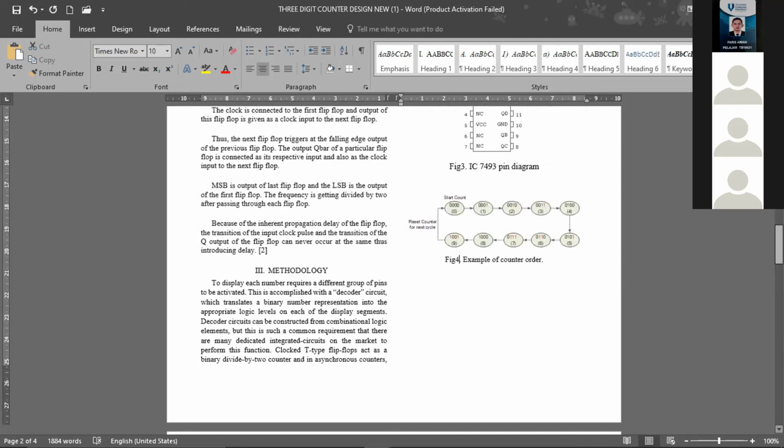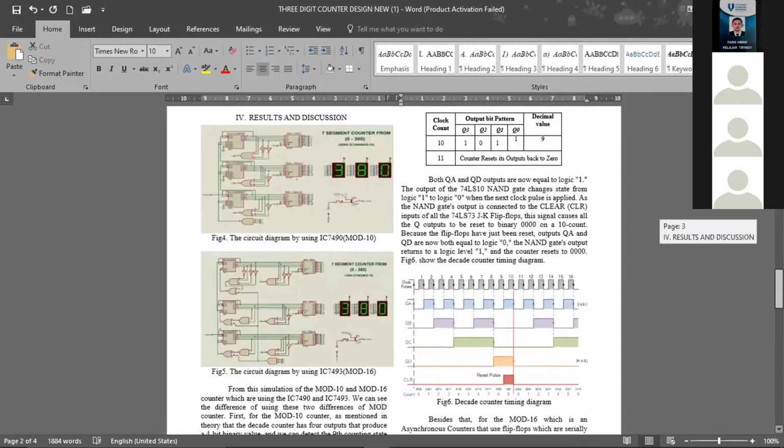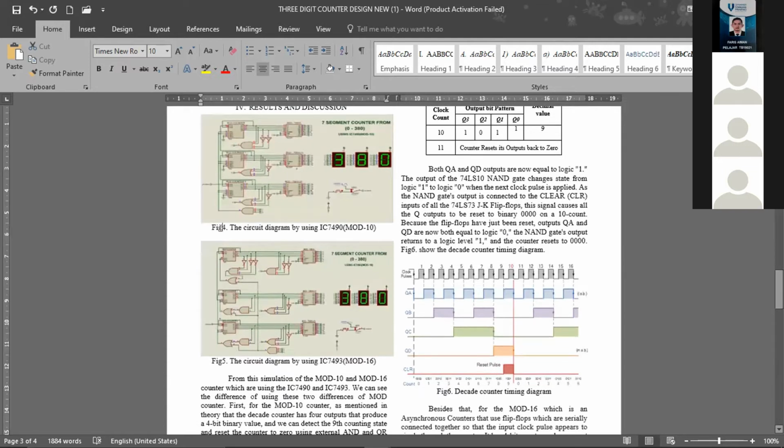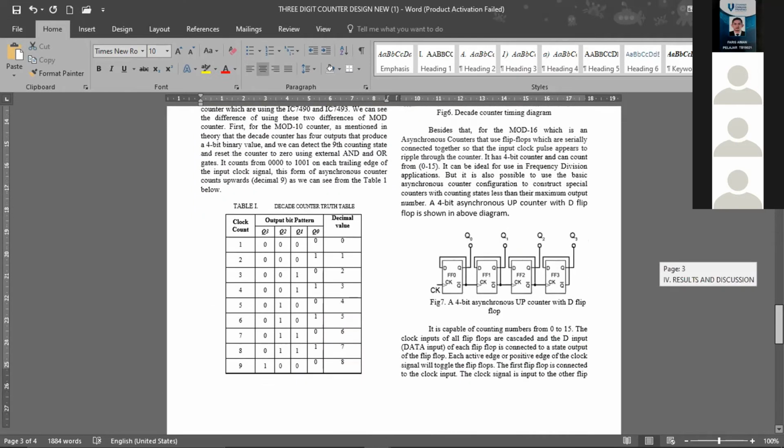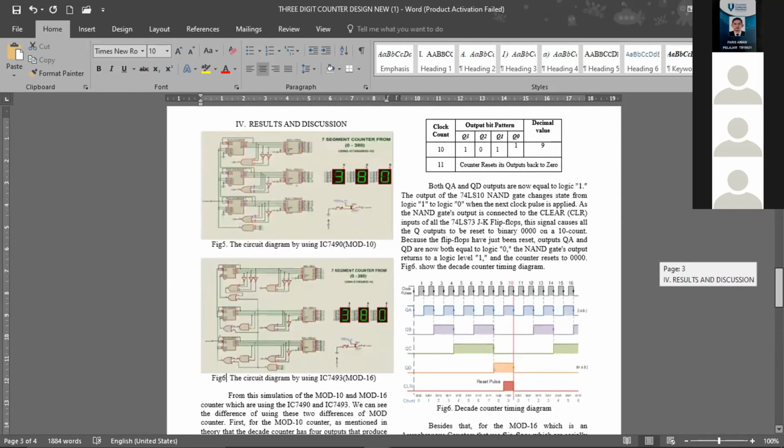Yes. The font size of the figure also you need to change. What is the font size? You use 10, right? Yes, size 10.